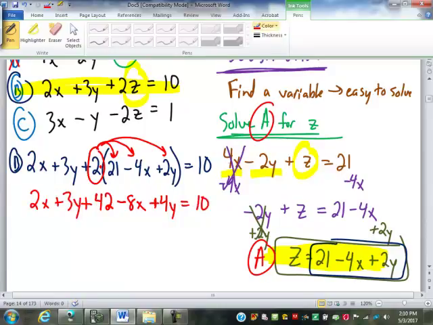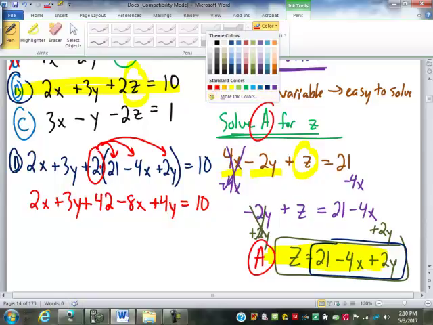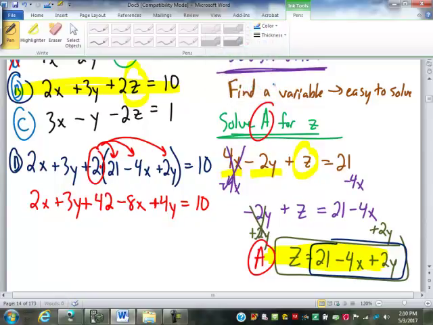Good. So now I still have my 2x and my positive 3y up here, and that still equals 10. So now I'm going to combine what I can. I have 2x and negative 8x makes, careful, negative 6. There you go, negative 6x. Then I've got 3y and 4y make 7y, perfect. Now I've still got the plus 42 there, equals 10.